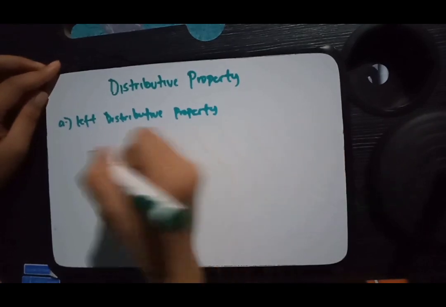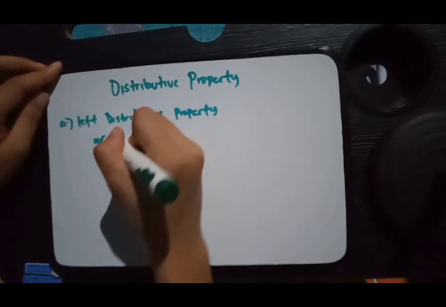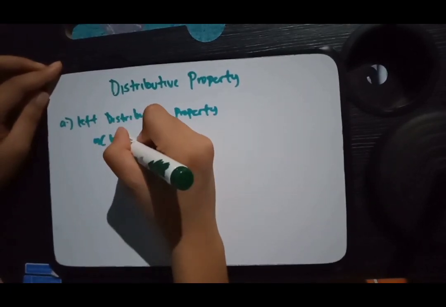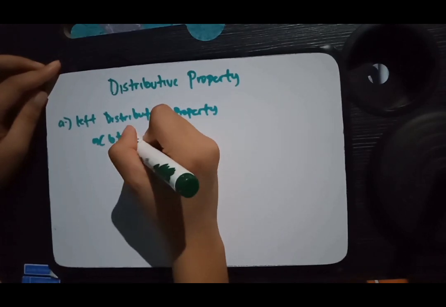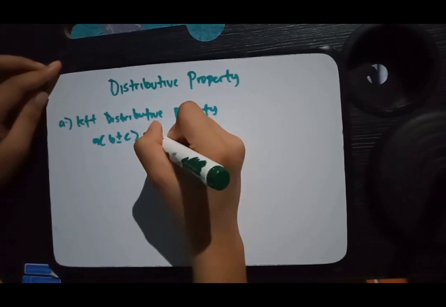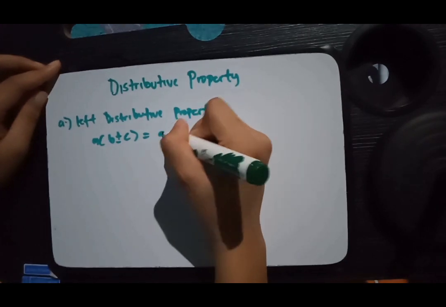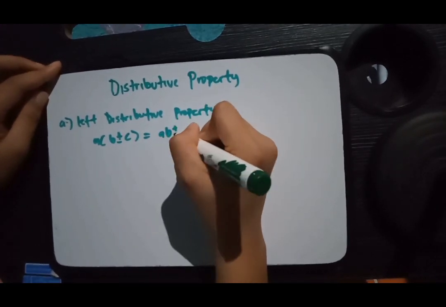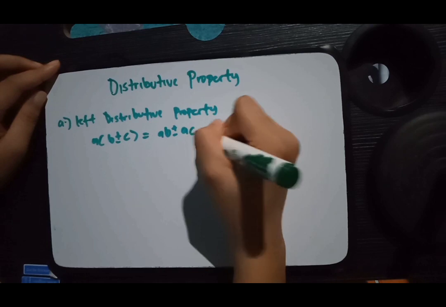Our formula here is A times the quantity of B plus or minus C equal to AB plus or minus AC.